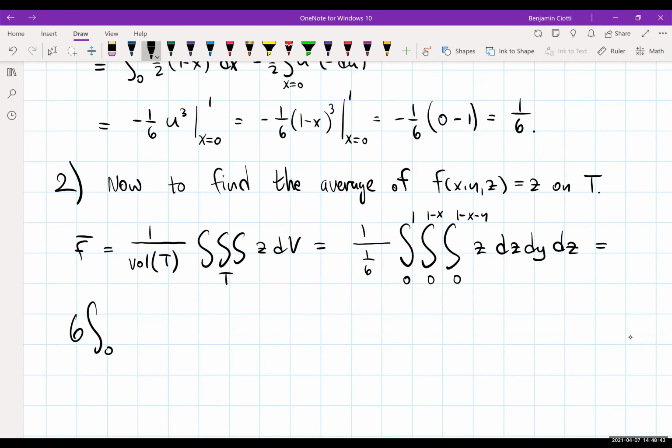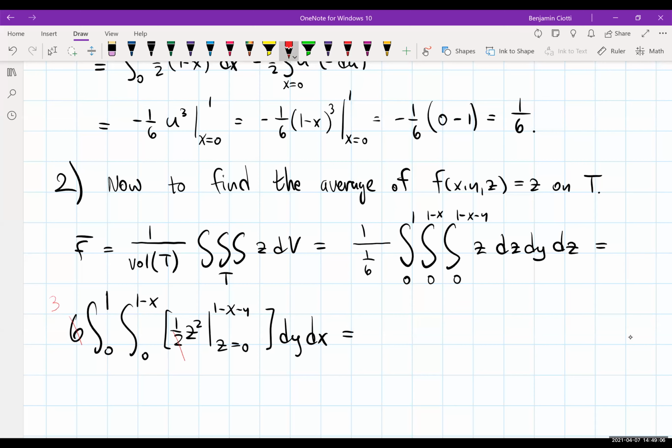Yeah, let's see, we will get 6 times the integral from 0. Let's see, that's going to be 1/2 z squared from z equals 0 to 1 minus x minus y. That gives us 3. But the number that we get is going to be the answer, by the way.